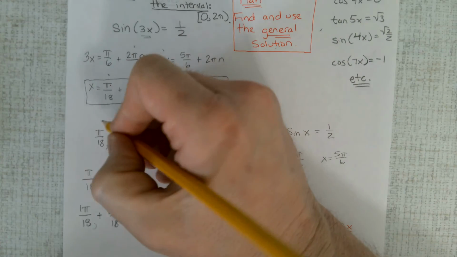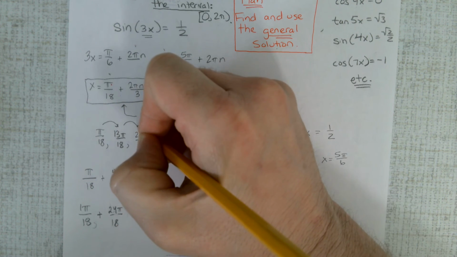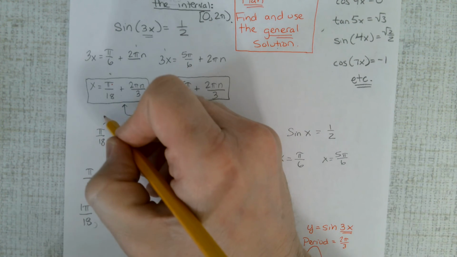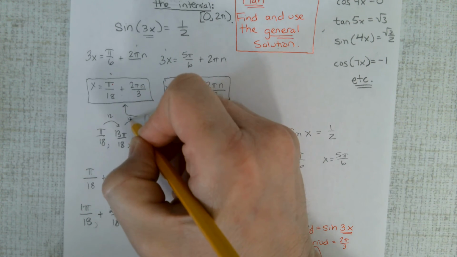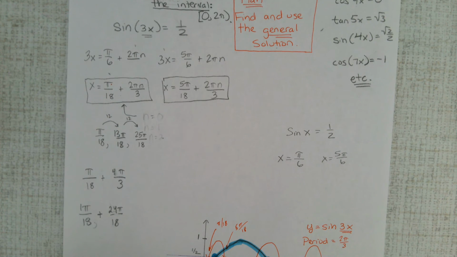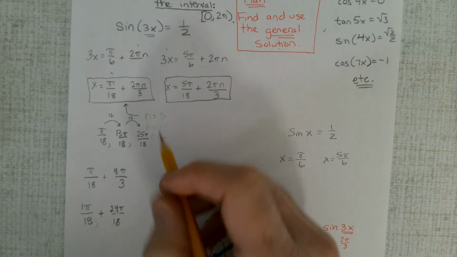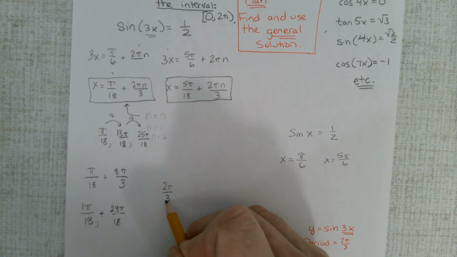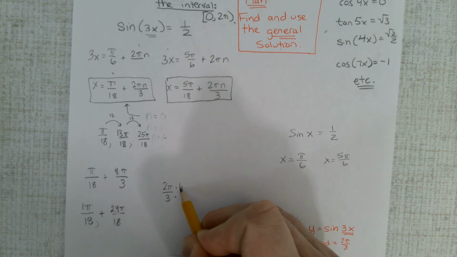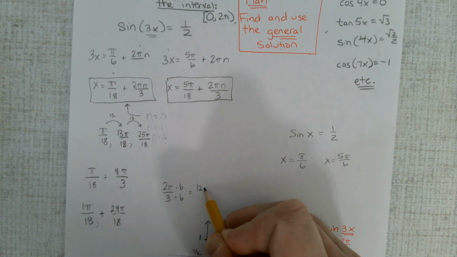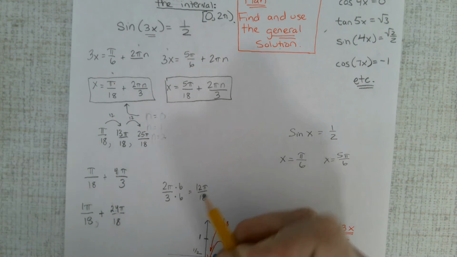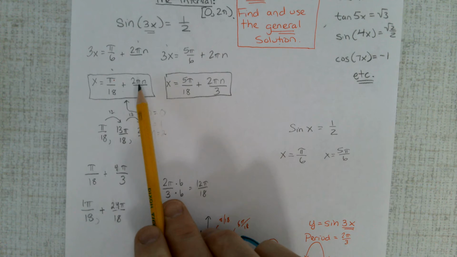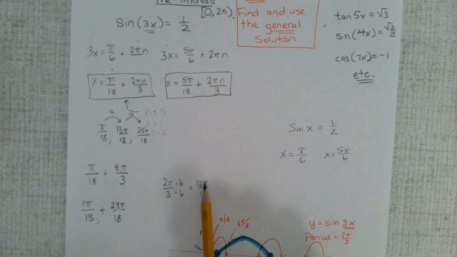Do you see what's happening here? What I'm really doing each time is counting by 12 and adding on 12. The way you can see that is 2 pi over 3 times 6 is 12 pi over 18. So every n, every loop, you're adding on 12 pi over 18.